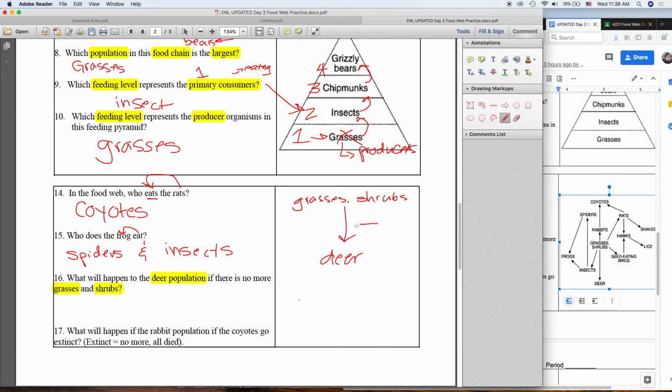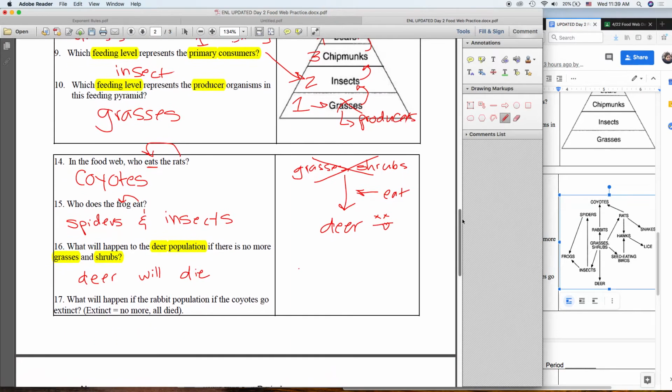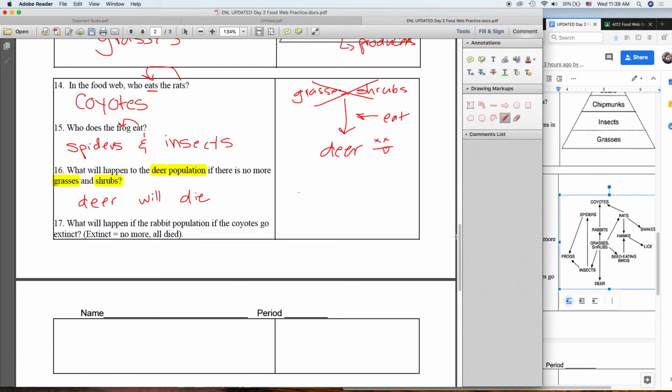So this arrow, remember, going from here to here means deer eat. This is food for the deer. So if there is no more food, the deer will die.